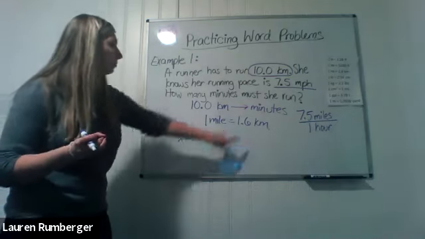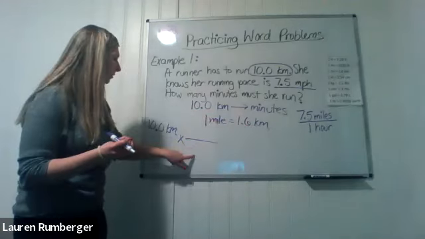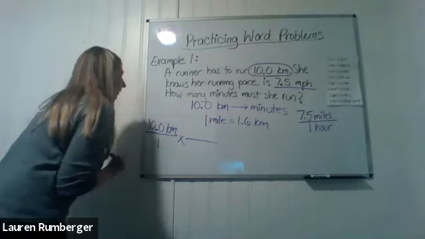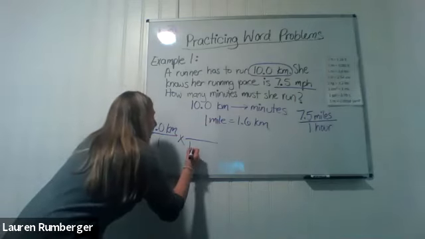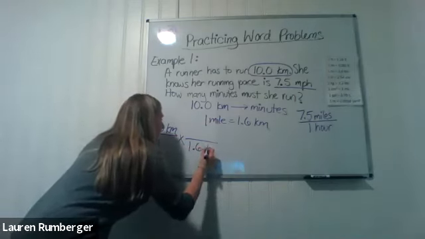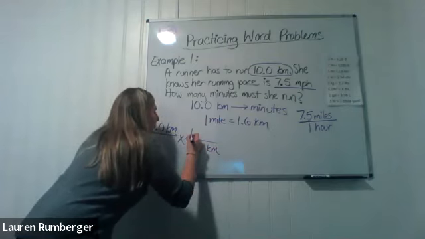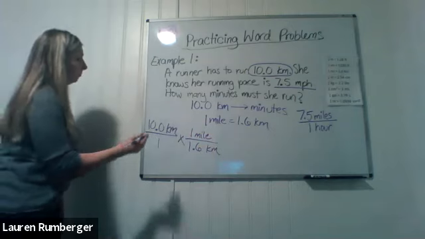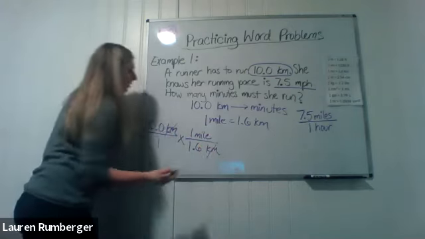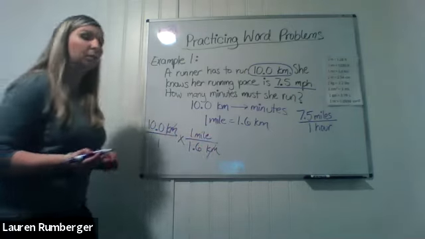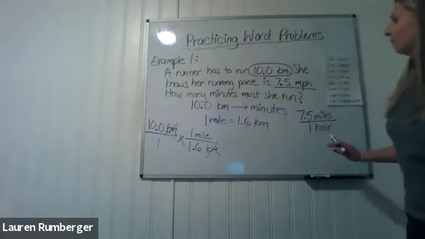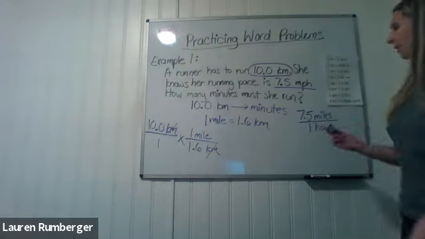Kilometers to miles. We're going to put our kilometers in the denominator. So if you want to put this over 1, you can. 1.6 kilometers per 1 mile. Cancel units of kilometers. Now we have units of miles. What information are we given about the distance per time?